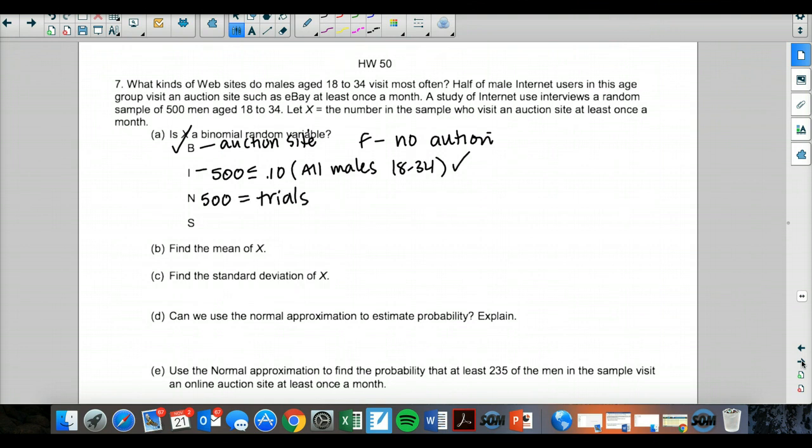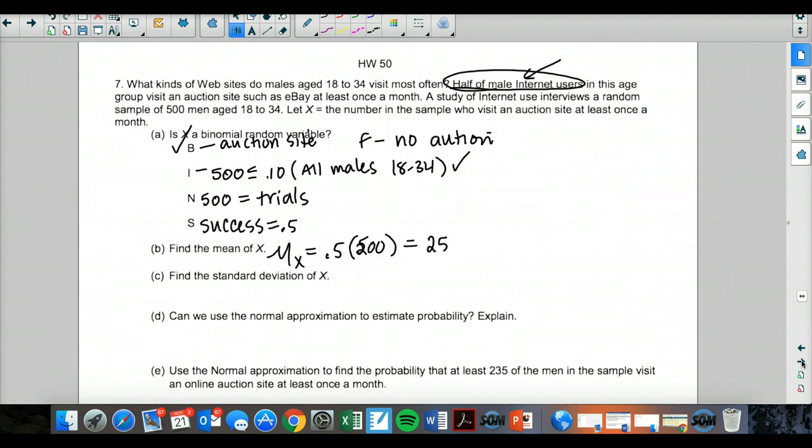And our probability of success is 0.5, because it said half, so they're telling you your success is half, 0.5. So find the mean. So mu sub x is 0.5 times my sample of 500, so that's 250.